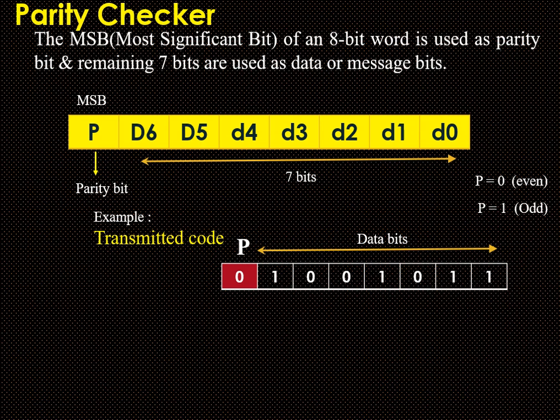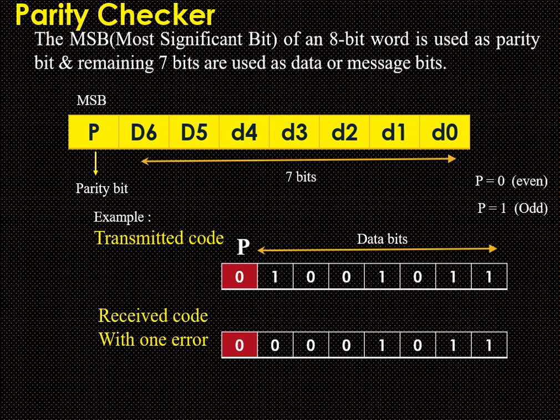This is the data transmitted. On the receiving side, we take the received code with one error. So how do we find that there is an error? Here the parity is 0 and the data is 0 0 0 1 0 1 1. There is an error here. Why do we get the error?